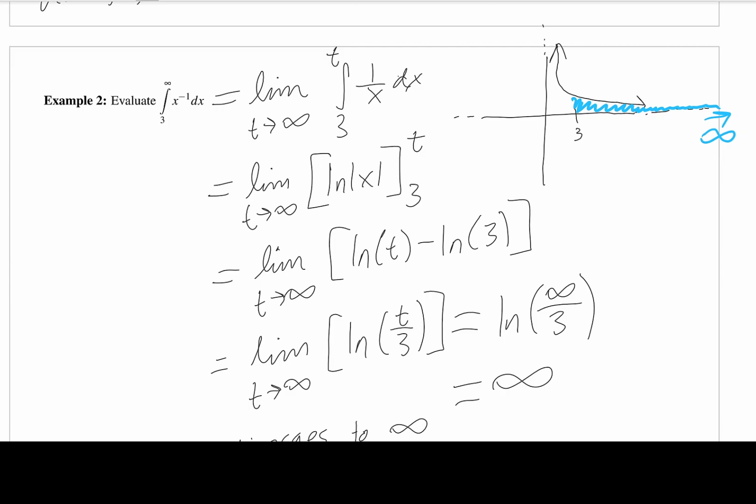We might think that, okay, well, it goes on forever, so of course the area has to be infinite. But there are times where we're going to learn that that is very much not the case.